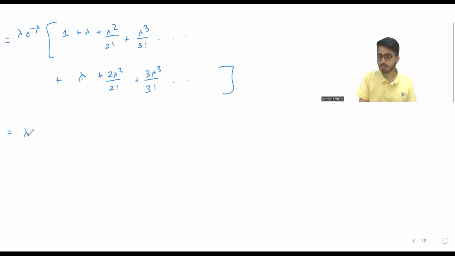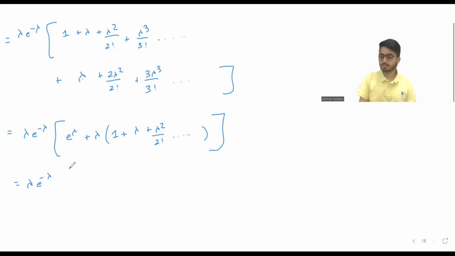So now lambda e to the power minus lambda 1 plus lambda square by 2 factorial, so on, is nothing but e to the power lambda. And this term, if I take a lambda common, this will be 1 plus lambda square by 2 factorial, so on.